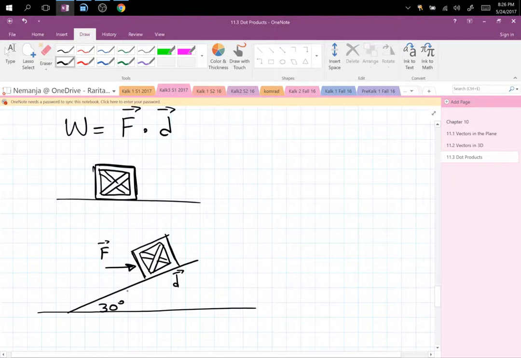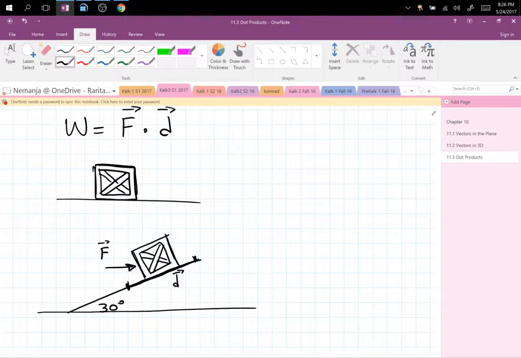So to move the crate from one point to another, you have to go the distance on the surface of the ramp, where the force is applied at an angle. Now you can use linear algebra to rotate these systems, I'll draw another picture.